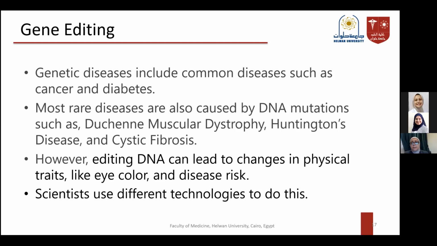These are common diseases that have genetic predispositions. Even hyperlipidemias and cholesterolemias are very common and have a genetic basis. However, there are also rare diseases such as Duchenne muscular dystrophy, Huntington's disease, cystic fibrosis, and sickle cell anemia, which are also genetically based.